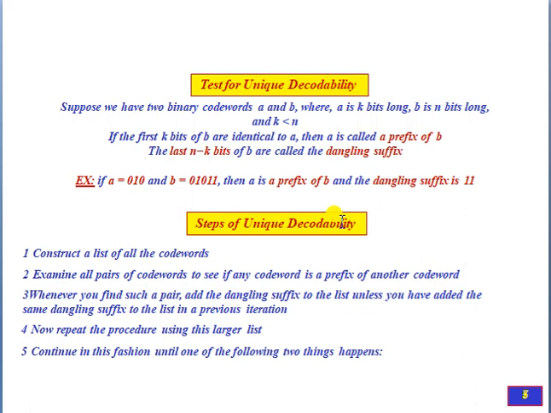Consider two binary code words A and B, where A is k bits long and B is n bits long. Assume that n is greater than k, therefore B is a longer code word. If the first k bits of B are exactly equal to the code word of A, we say that A is a prefix of B. The rest of the bits of B, which have length n minus k bits, are called the dangling suffix.